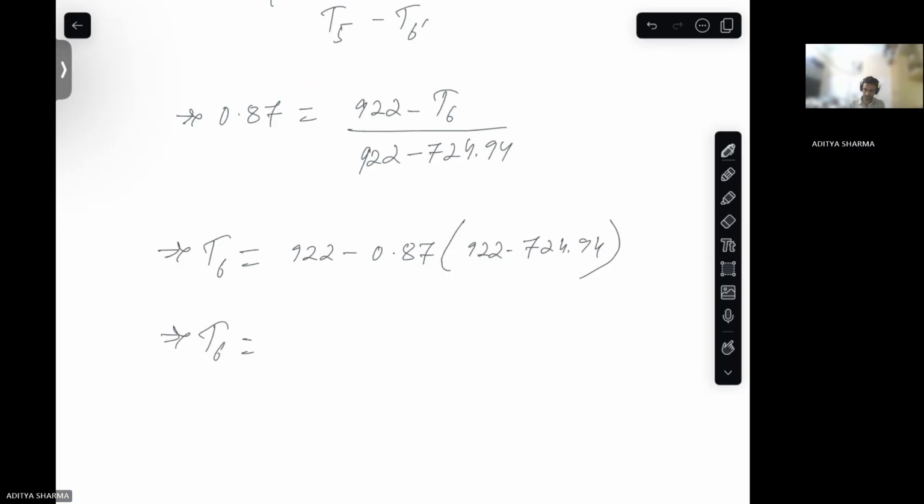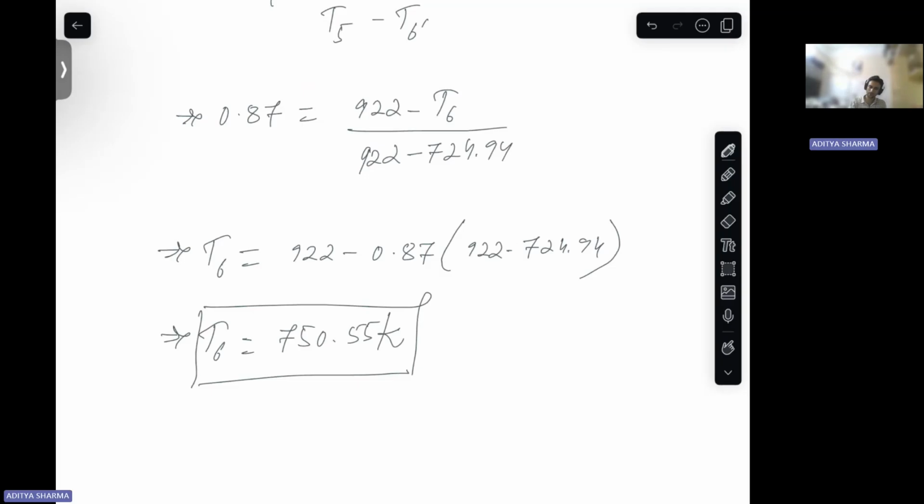Implies this is 750.55 Kelvin. So T6 now we have, so we can find out now T8.